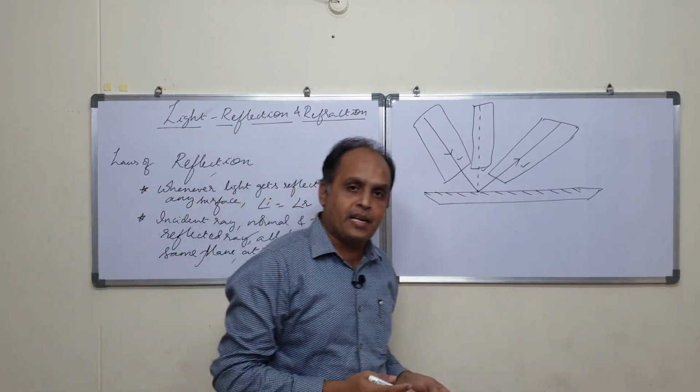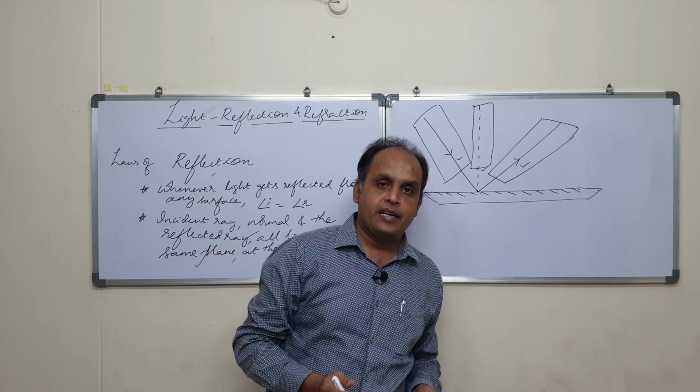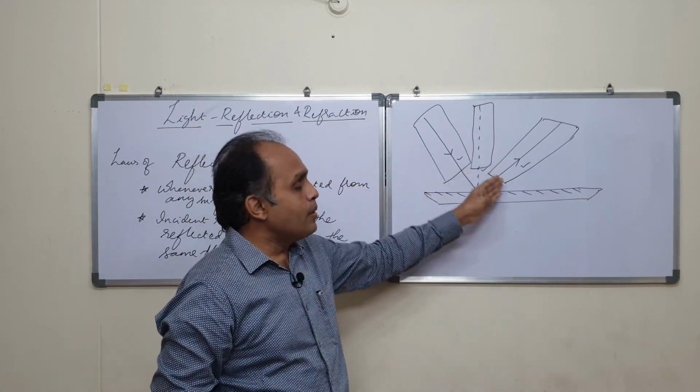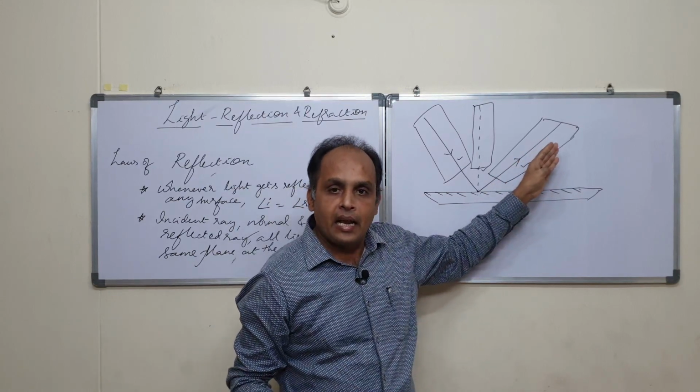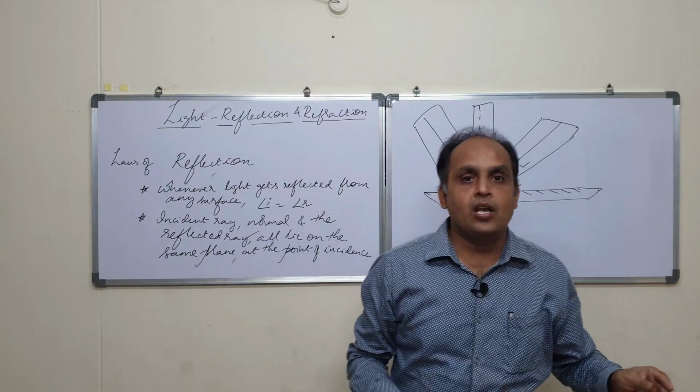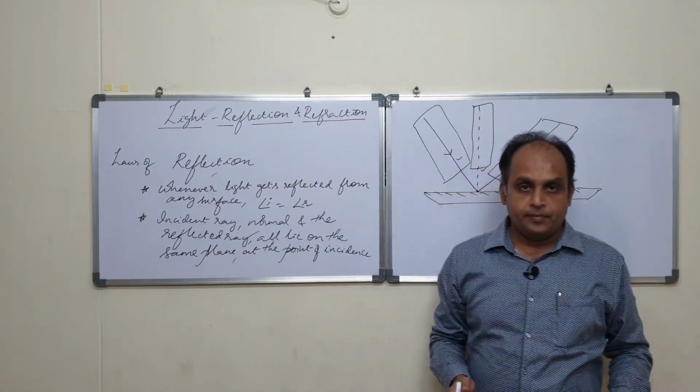So the surface of the mirror, or the reflecting surface, is where the incident ray, the normal and the reflected ray lie. This is the second law of reflection.